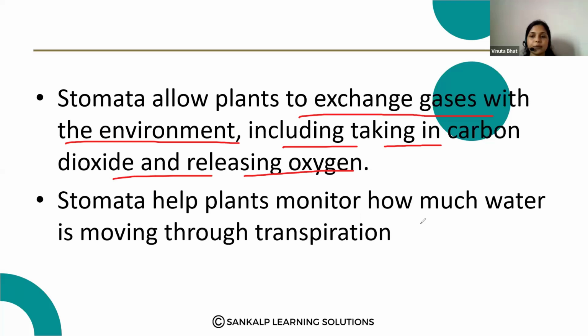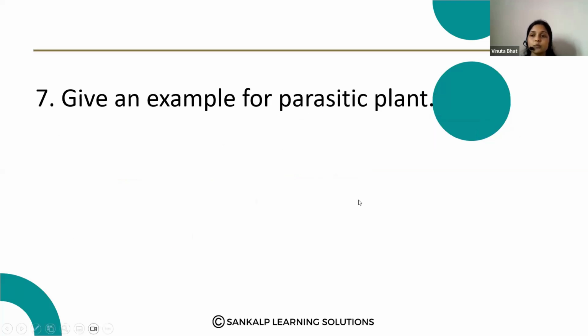It also helps the plant monitor how much water is moving through transpiration, and helps in the removal of excess water through the transpiration process. It can be asked as a 2-mark question also.